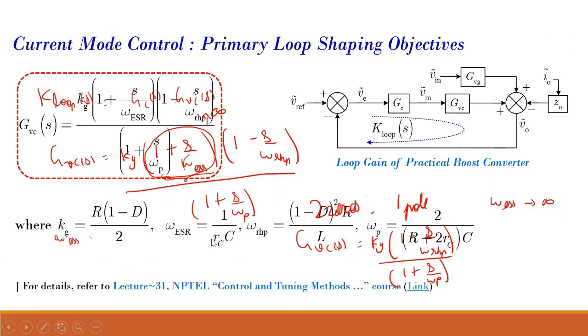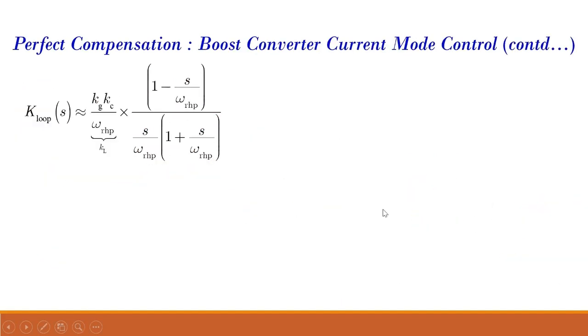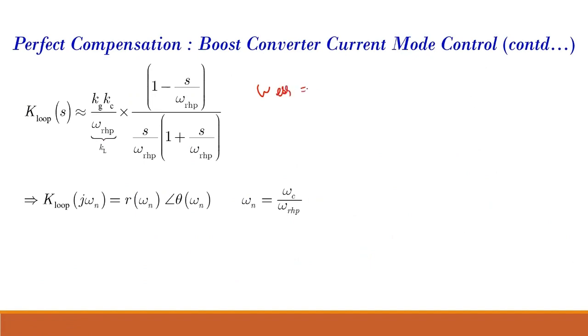Omega ESR is given by 1 upon RC into C. This is my omega ESR. RC will be around 5 milliohm. For the capacitor, take 100 microfarad, so it is 100 into 10 to the power minus 6.